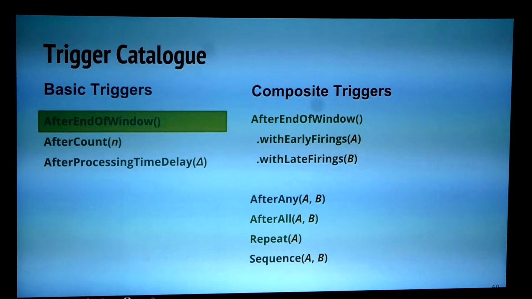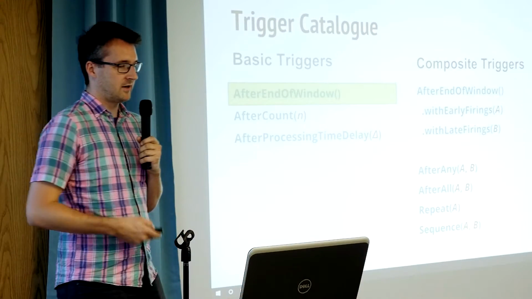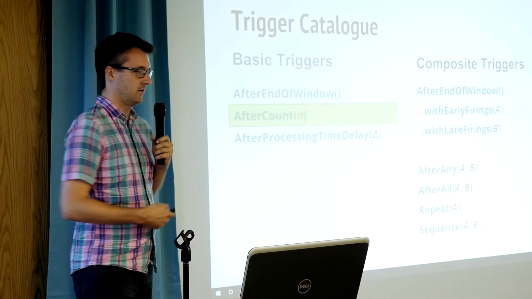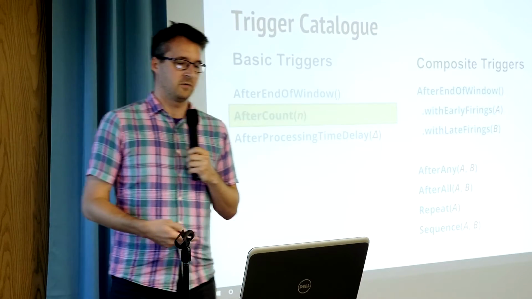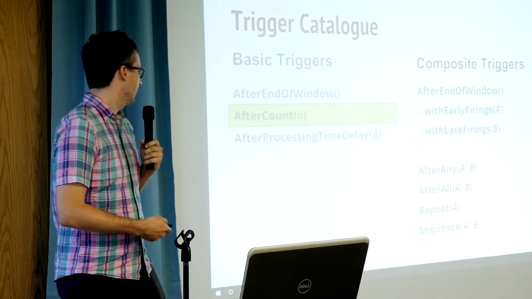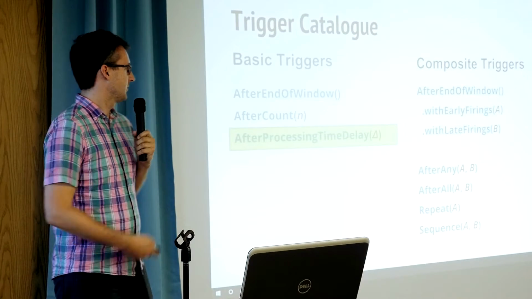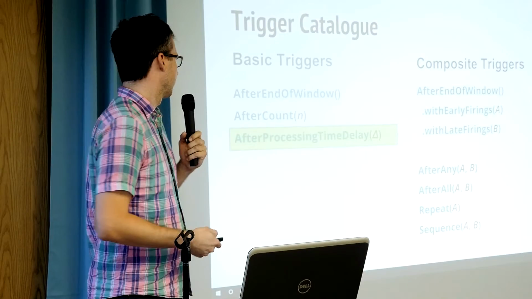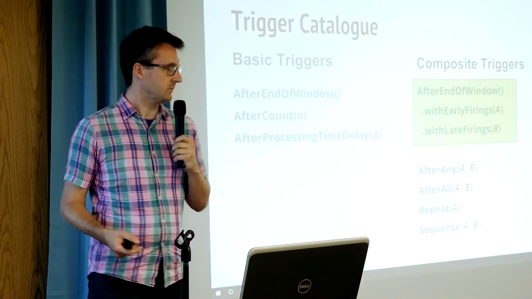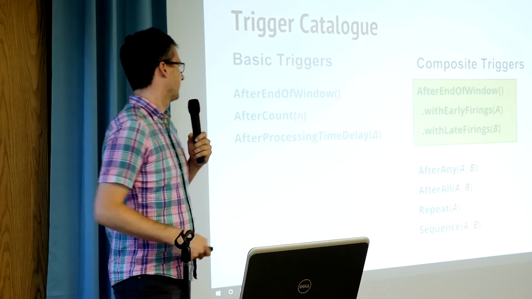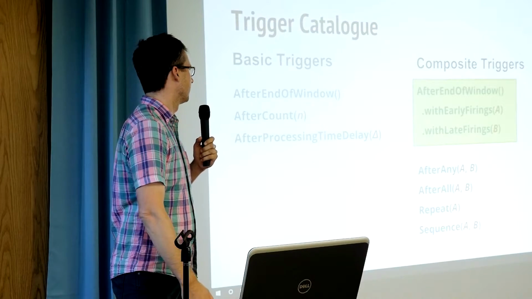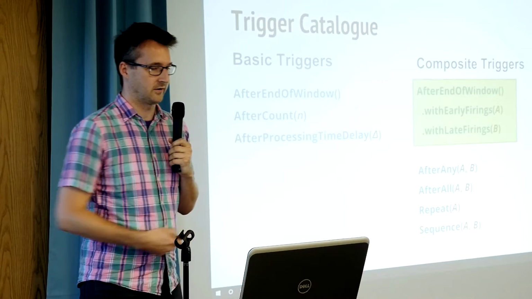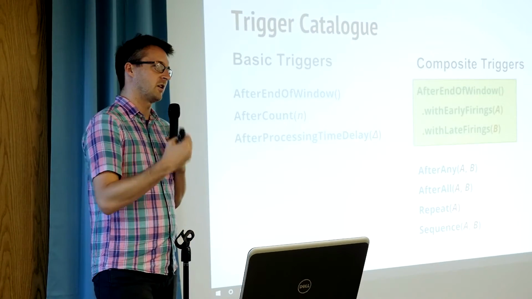So we saw that triggering after the end of the window can give you fairly complete data. Then we used after count trigger to produce output whenever enough input had arrived, and we looped it with repeat. And then we demonstrated how you might be able to get lower cost, low latency results by triggering after a processing time delay. And finally, I showed how you could augment the after end of window trigger with early firings and late firings to have a trigger that changes over time.